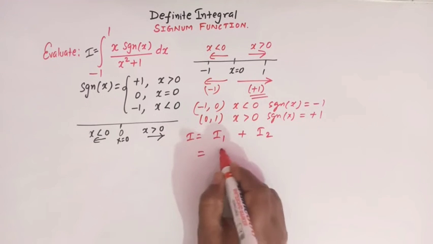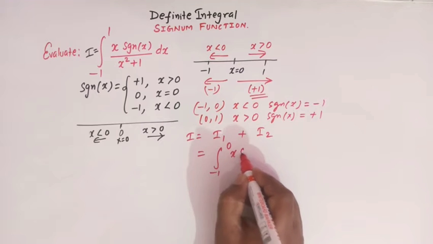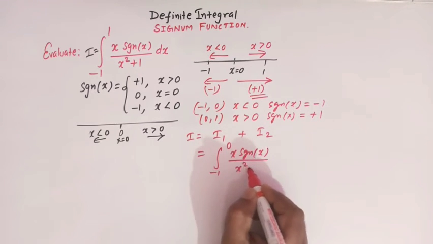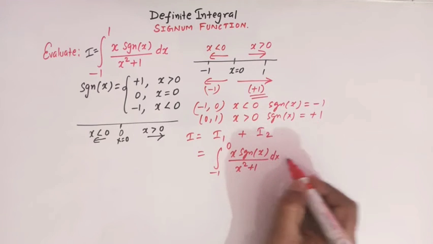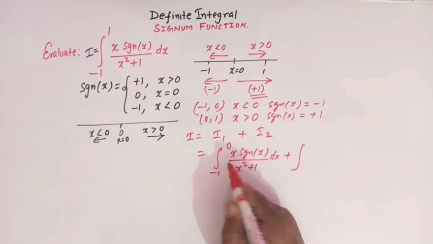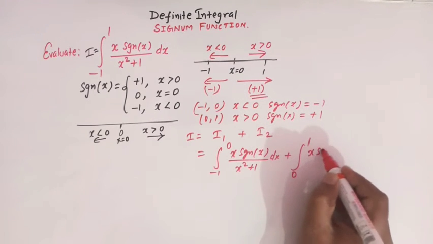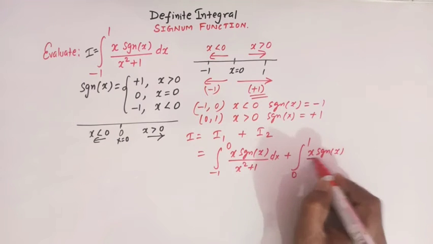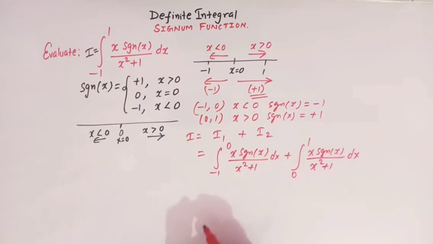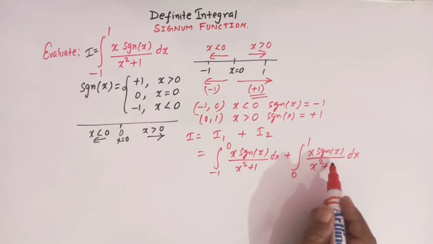Now I1 is from minus 1 to 0 of x signum of x over x square plus 1 dx, and then I2 is from 0 to 1, right? And we have x signum of x over x square plus 1 dx, right? So now we have to evaluate these two integrals.